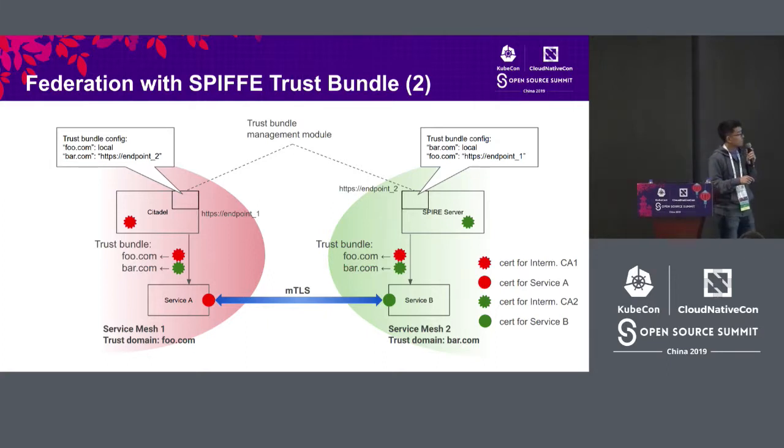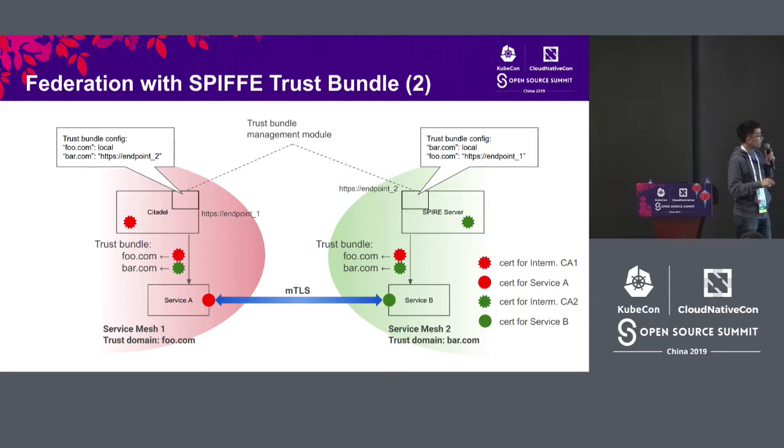After that, the Citadel side will create a trust bundle message mapping foo.com to its own root certificate, and bar.com to the certificate from the SPIRE server side, and propagate it to service A, and on the other side, the same.